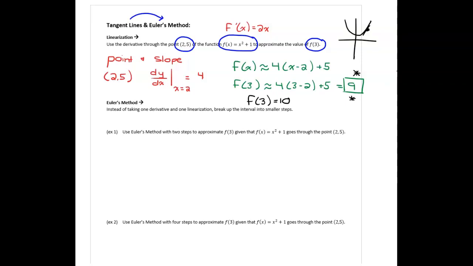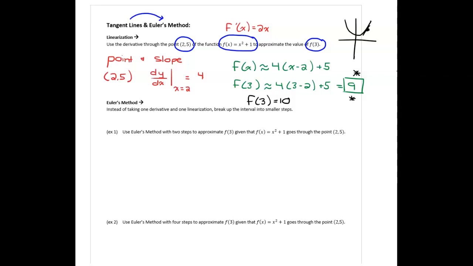All right, let's talk about our little buddy Euler and figure out what Euler did. Euler's method is from pre-calculator days, before we had nice convenient calculators where we can evaluate everything at any time. Instead of taking one derivative and one linearization, Euler essentially broke this up into intervals.